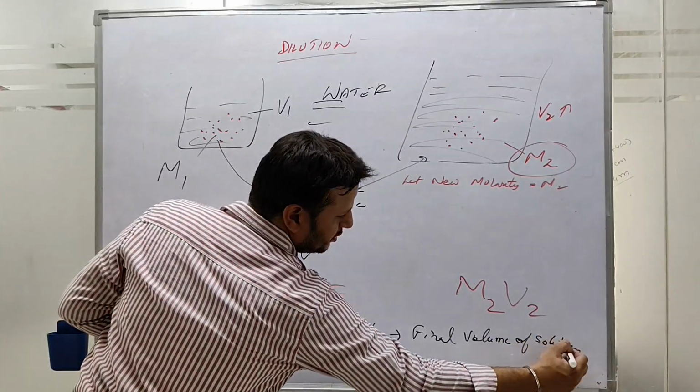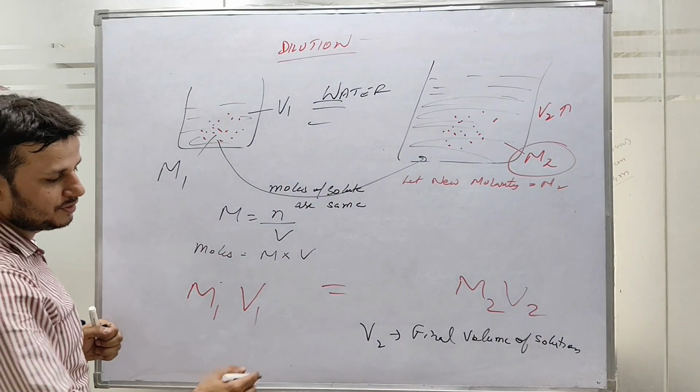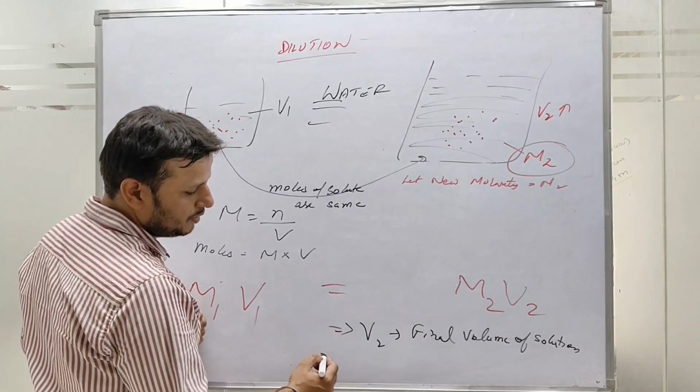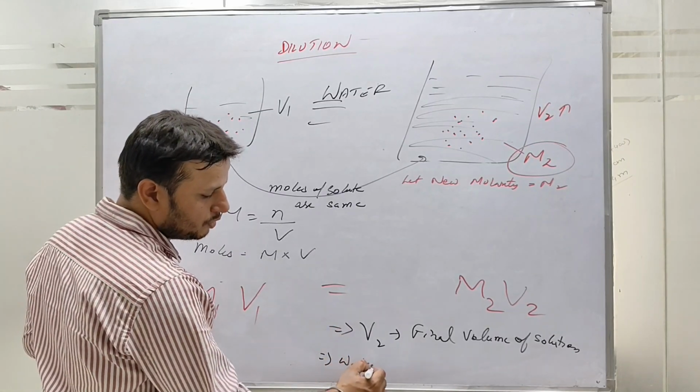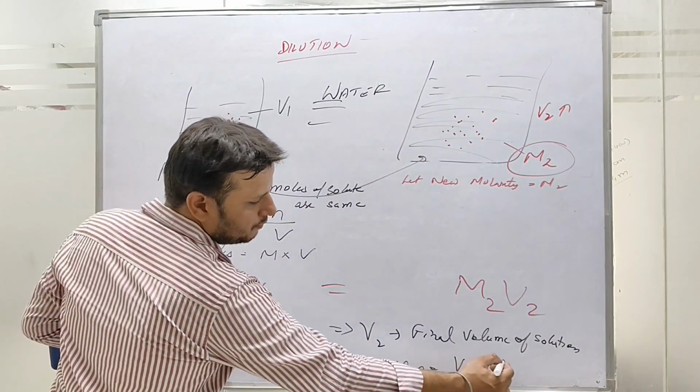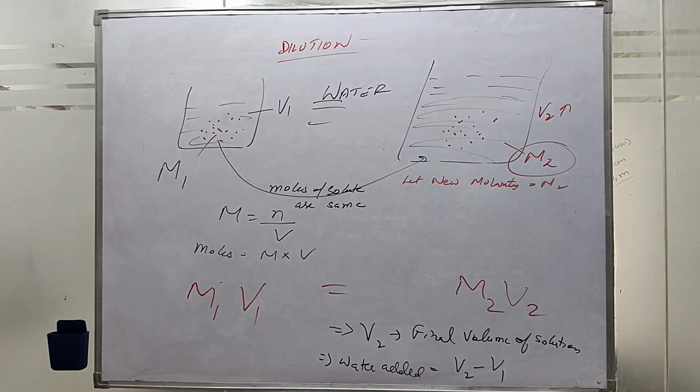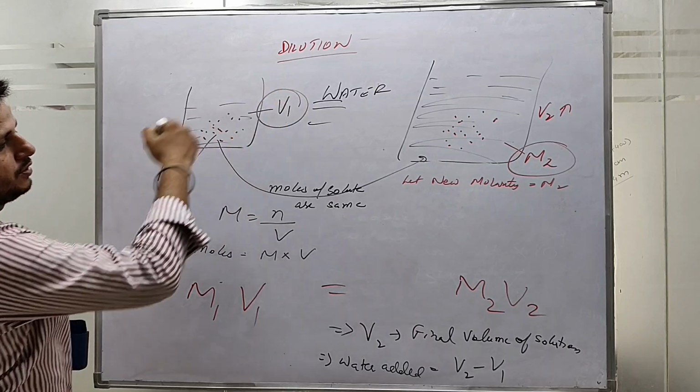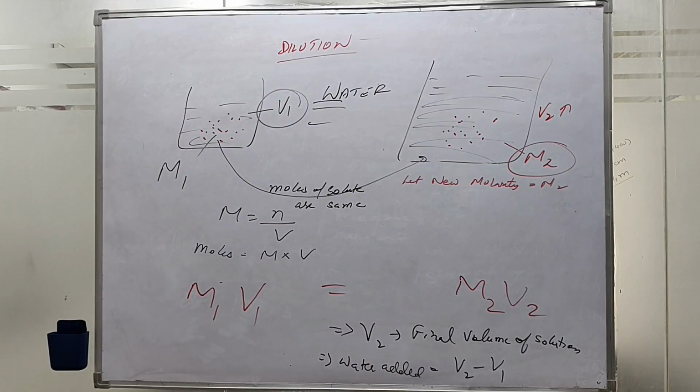यहाँ पे हमें थोड़ा केयरफुल रहना पड़ता है. Sometimes they ask final volume and sometimes they ask water added. So that is equal to final volume minus initial volume of the solution.